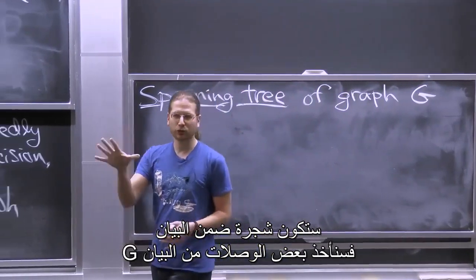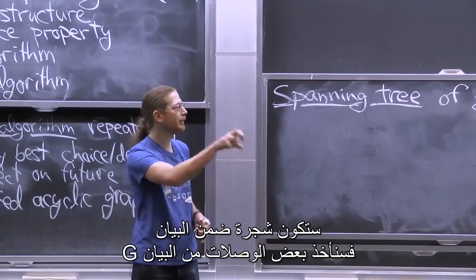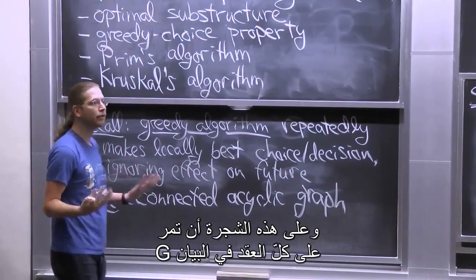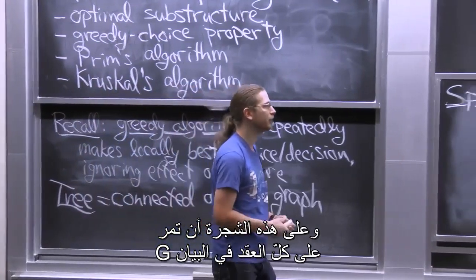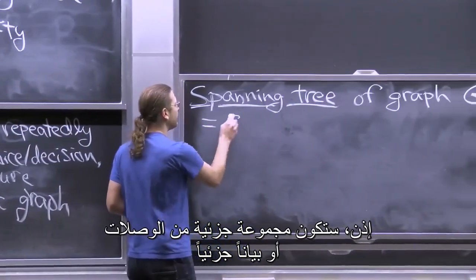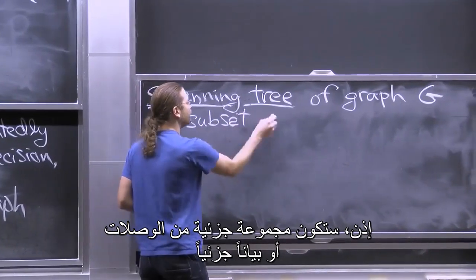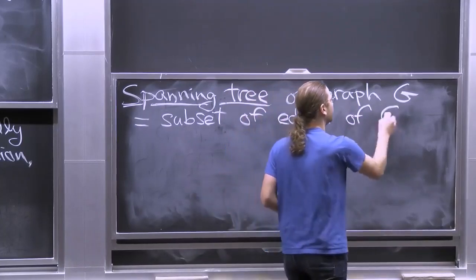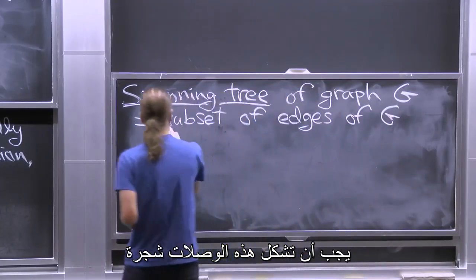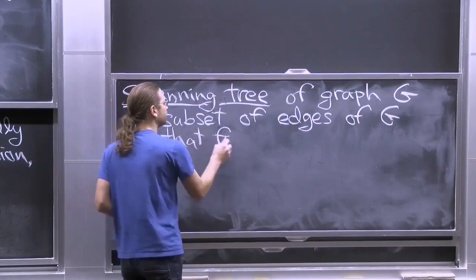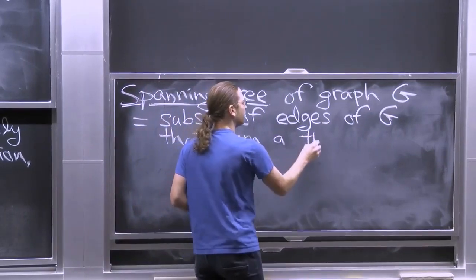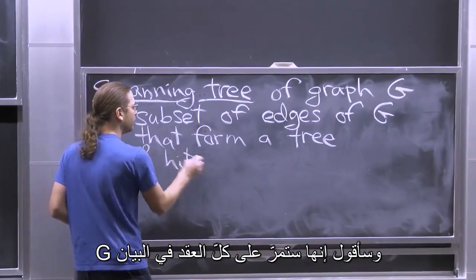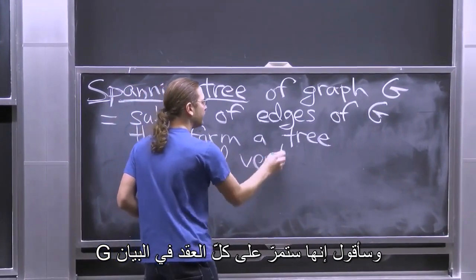It is going to be a tree that lives inside the graph. So we're going to take some of the edges of G, make a tree out of them, make a connected acyclic graph, and that tree should hit all the vertices in G. So this is going to be a subset of the edges, or subgraph. Those edges should form a tree, and hit all vertices of G.